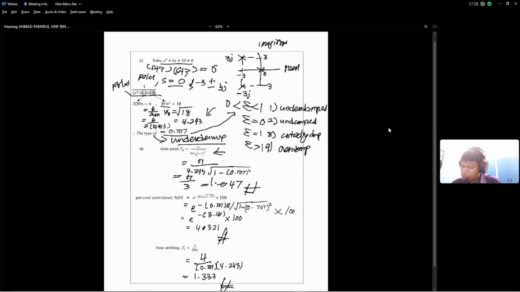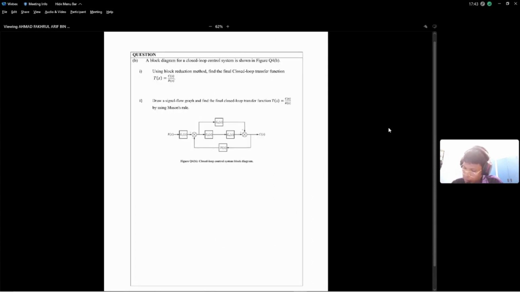So that's it for the first question, and then we move on to the next question, question B. Question B is using the block diagram. The block diagram for a closed loop control system is shown in question 4 for B. Using the block reduction method, we need to use the BRM method to find the final closed loop transfer function.